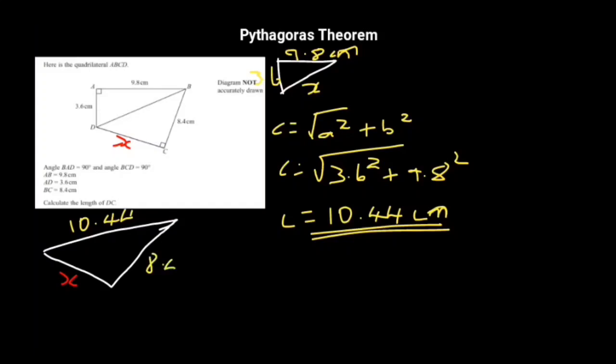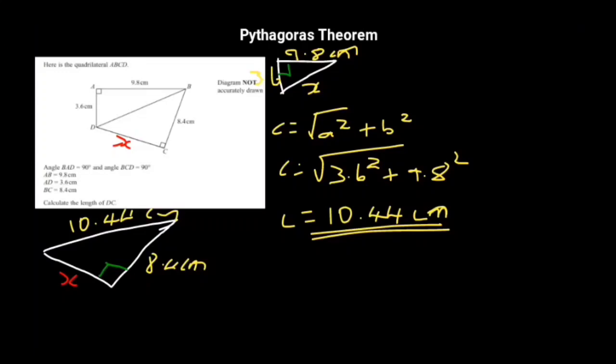And then we have our other length as 8.4 centimeters. And both of the triangles are right angle triangles. So let's just input that right angle triangle and also on the previous triangle that we drew. Sorry about that. So now we need to find for X.